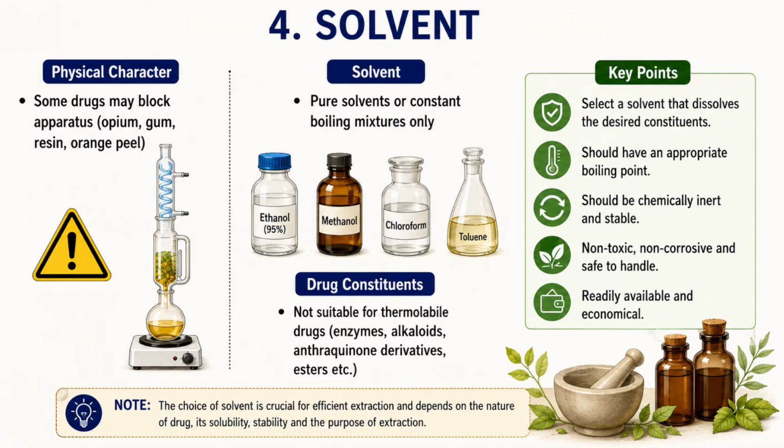Polar compounds generally show better affinity for polar solvents only. Non-polar constituents may require less polar solvents. But pharmaceutical solvent selection must also consider the toxicity and the final product requirements here. A solvent should extract what we want, not simply dissolve everything. Okay.